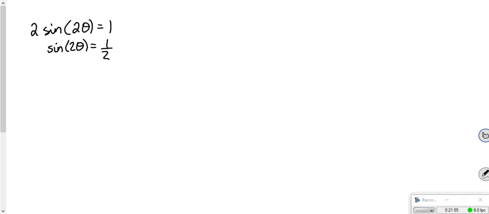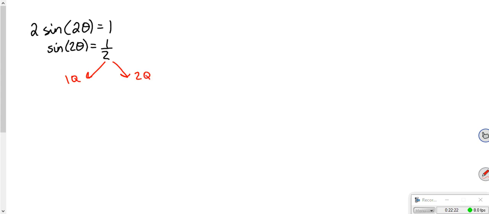Now, when does sine equal 1/2? Okay, so what we're asking here is, when does sine equal 1/2? That is pi over 6 or 5 pi over 6. In quadrant 1 and quadrant 2 is where sine is positive. First quadrant and second quadrant is where sine is positive.